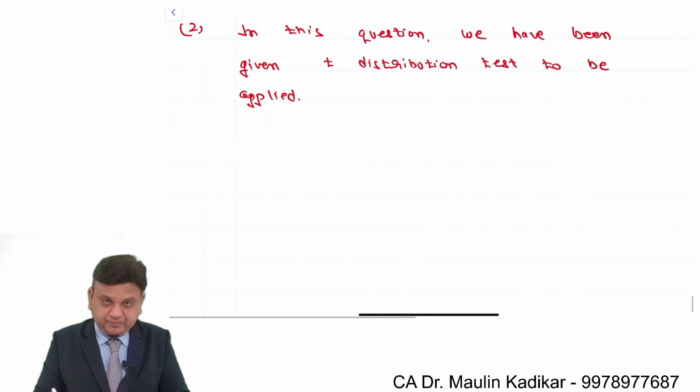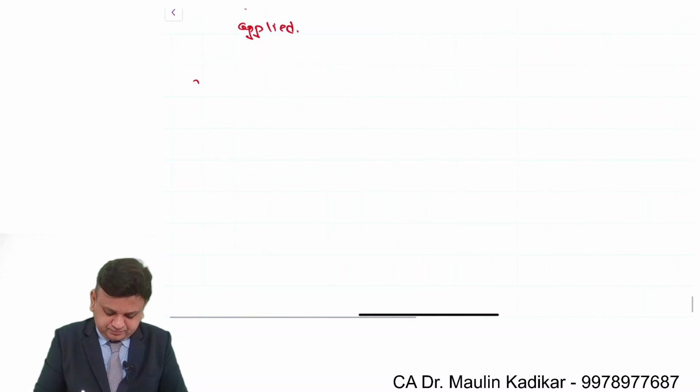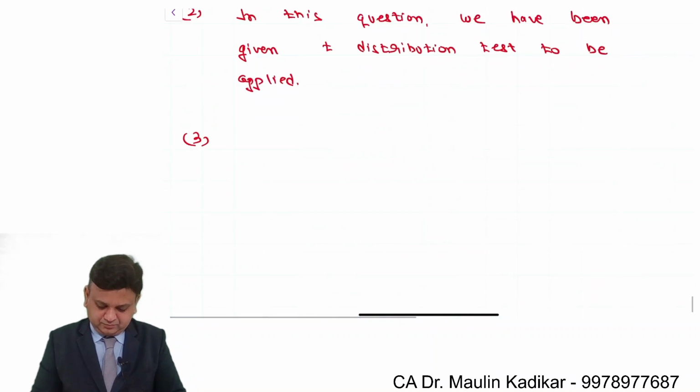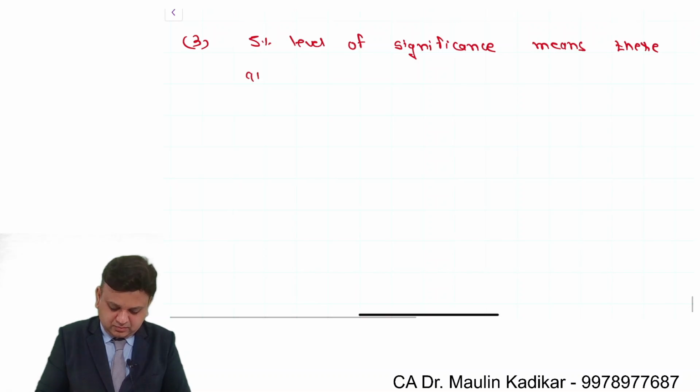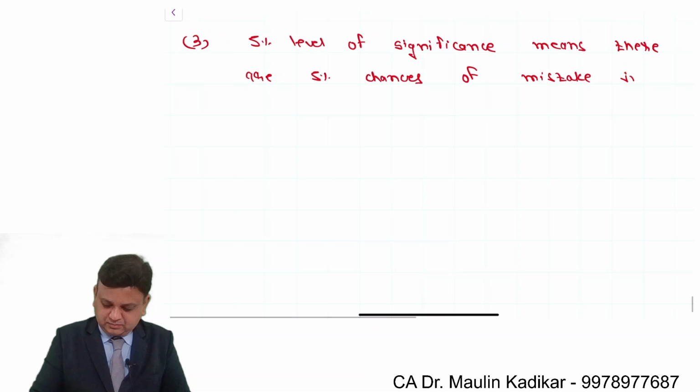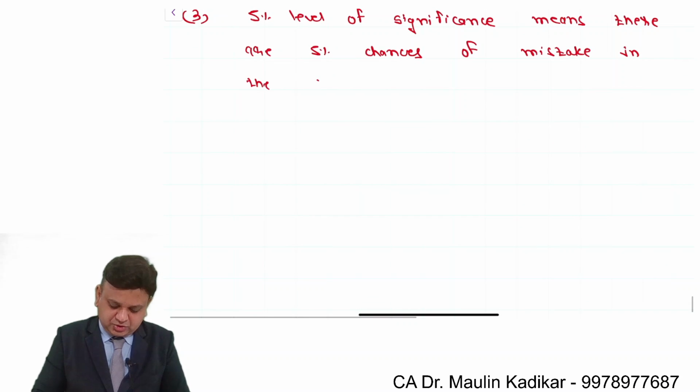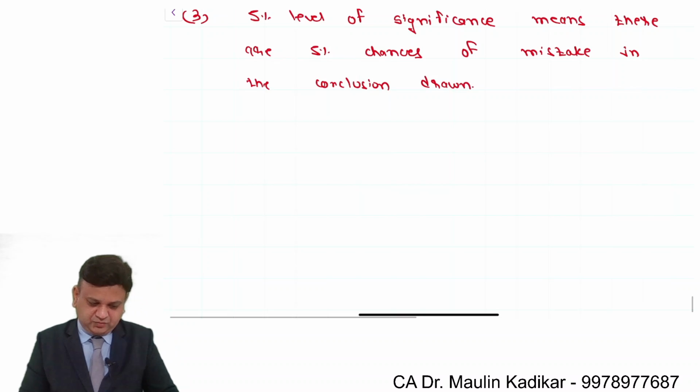Third, 5% level of significance means there are 5% chances of mistake in the conclusion drawn. Full stop.